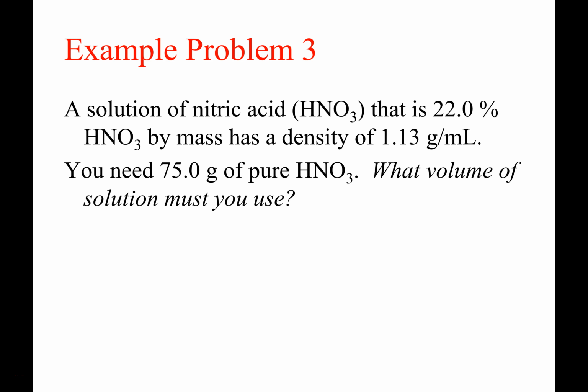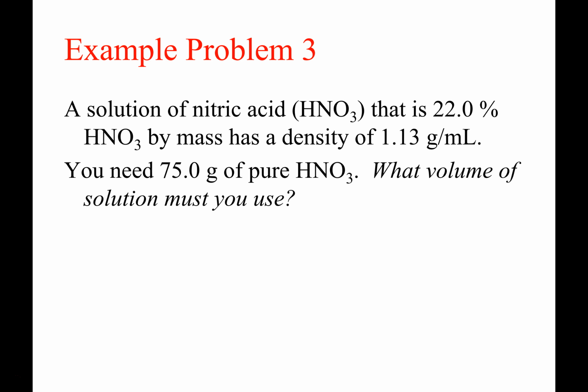A lot of times in chemistry problems, you'll find some kind of physical properties. In this case of nitric acid, you'll have the weight percent of pure HNO3 in HNO3 solution, and you'll have the density. Those are what I call tools to work the problem.